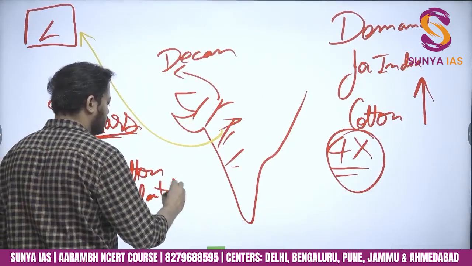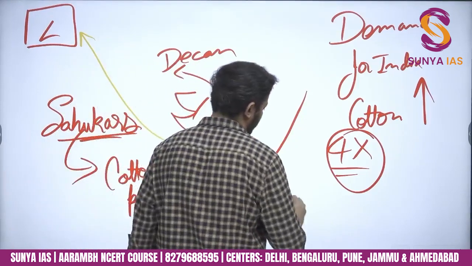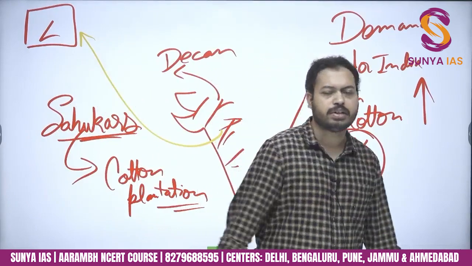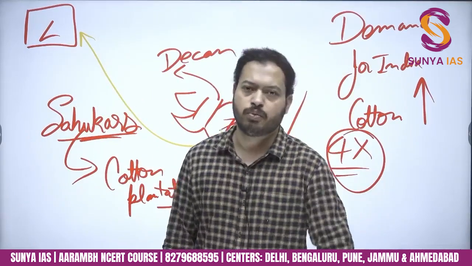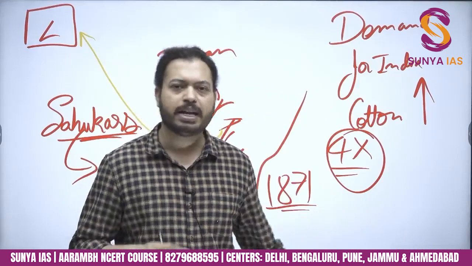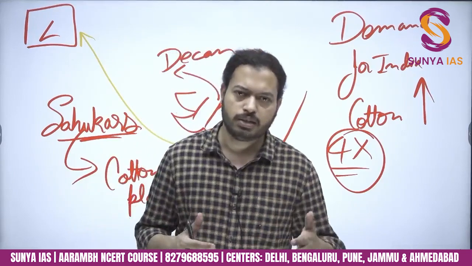This system worked very well till 1871. By this time, in 1865, the war had ended in the United States of America. By 1870-71, the route was again re-established.